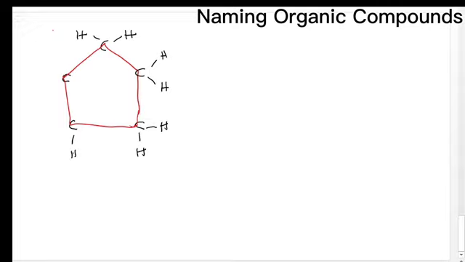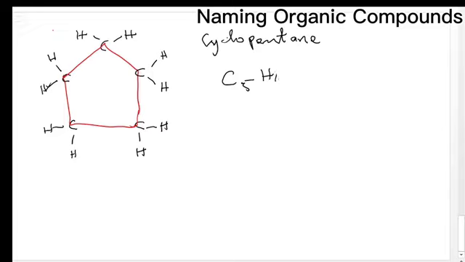This is 3 and this is 4. This is 3 and this is 4. So this is the structure of cyclopentane, and it is C5H10.